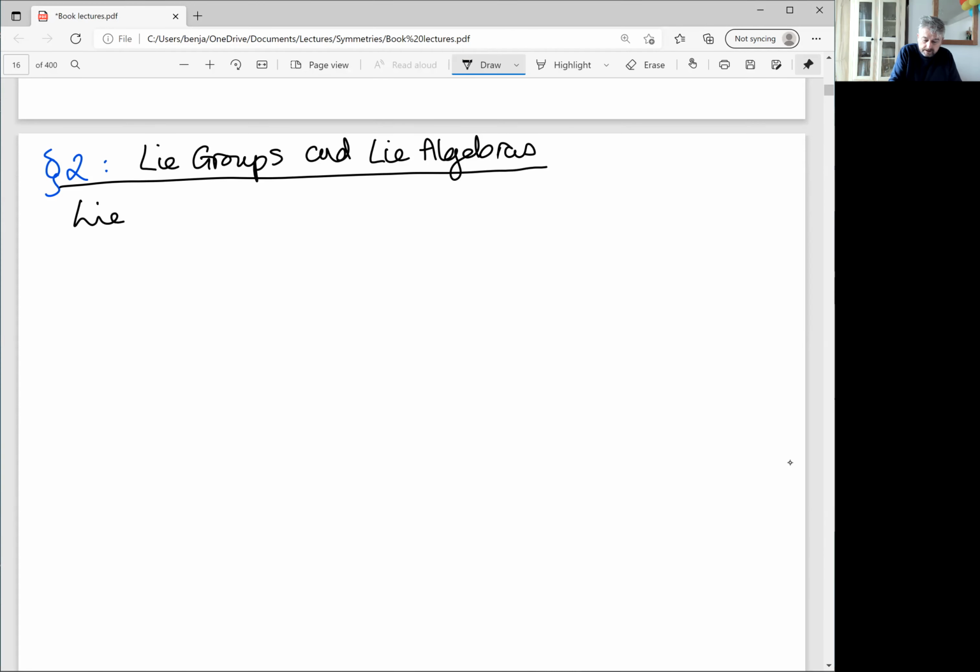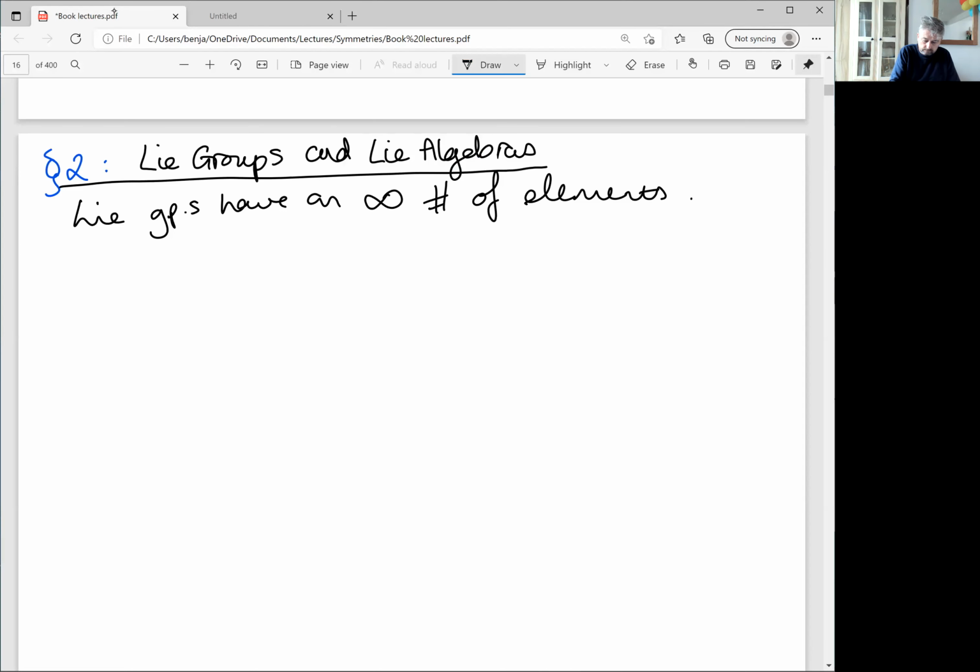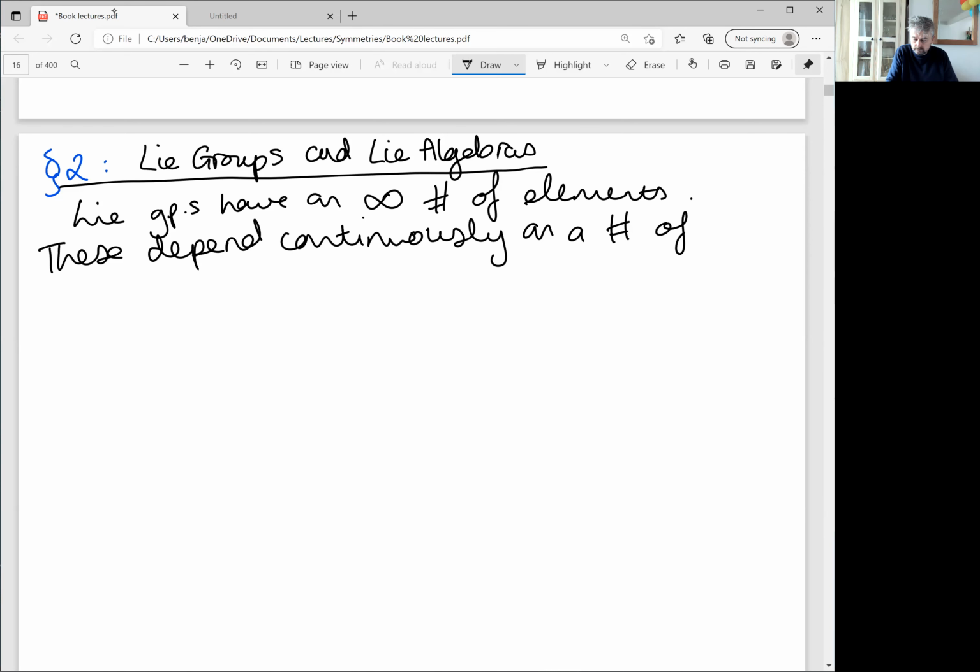So as I said, Lie groups have an infinite number of elements. And these elements depend continuously on a number of real parameters. And this number is called the dimension of the group.